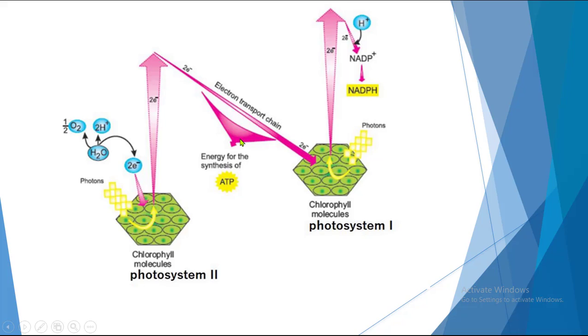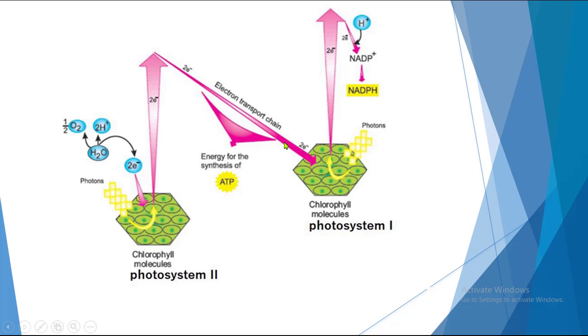The mechanism of ATP synthesis is not required at your level. You just have to remember that the electrons which were passed from photosystem 2 are received by a primary electron acceptor and they are moved through a series of molecules which form a chain known as the electron transport chain.